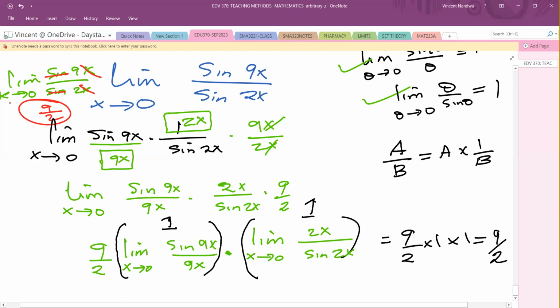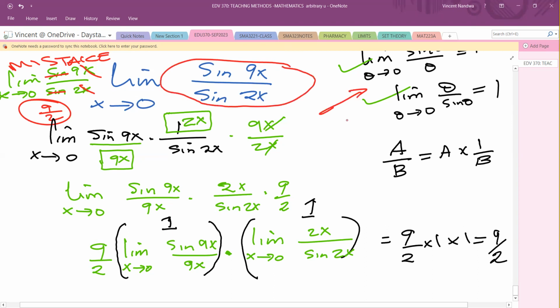You play with this identity. You try to rewrite what you have been given in such a way that it can be obtained from these standard limits. I want to stop there. You can apply the same thing. Okay, good.